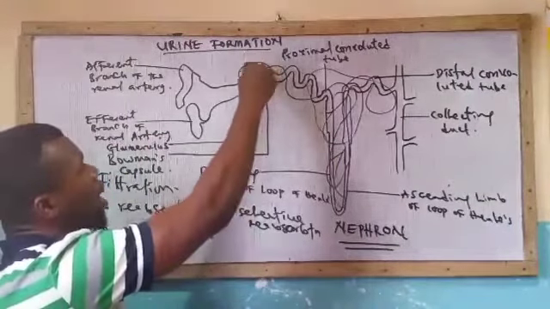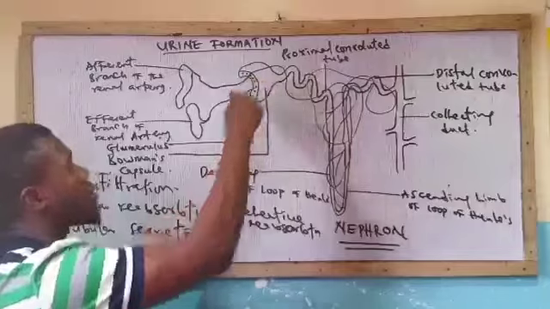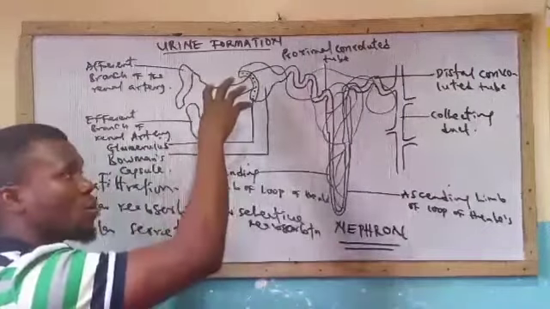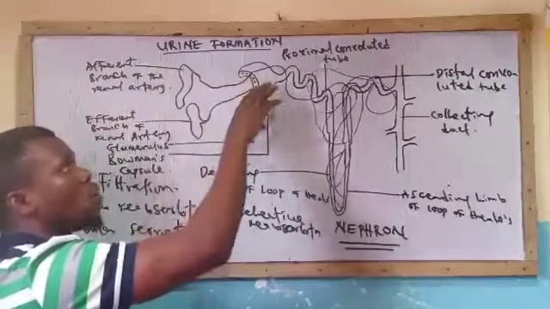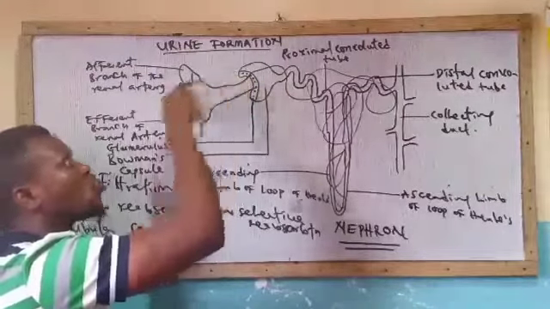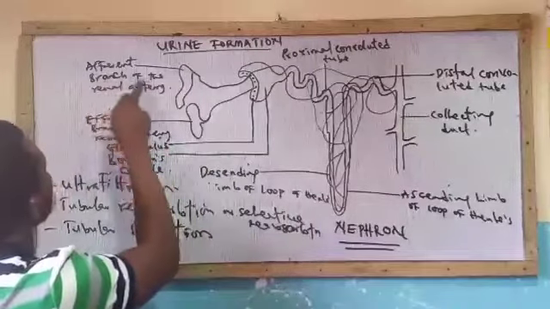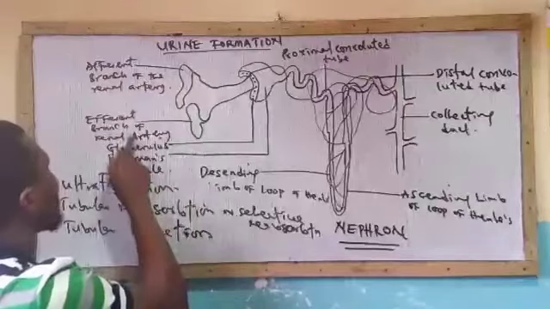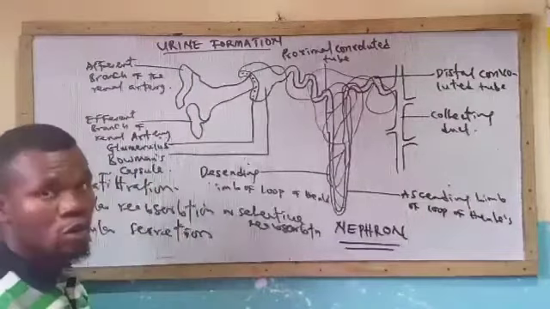The Bowman capsule has a cup shape that contains the glomerulus, which is a network of capillaries which collect blood supplied to it by the afferent and efferent branches of the renal artery. You understand?